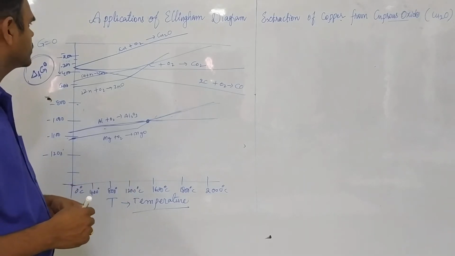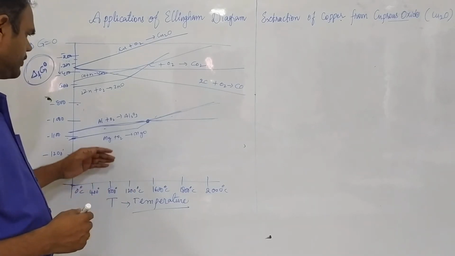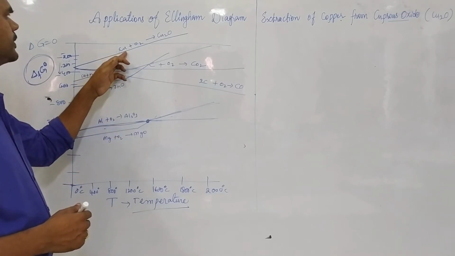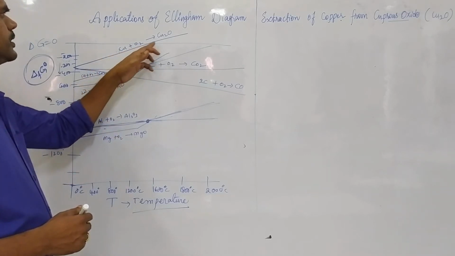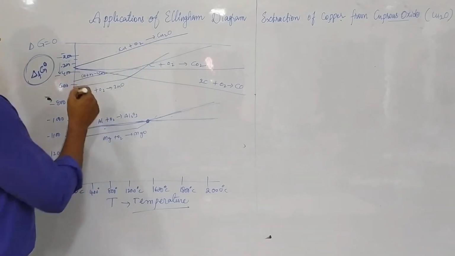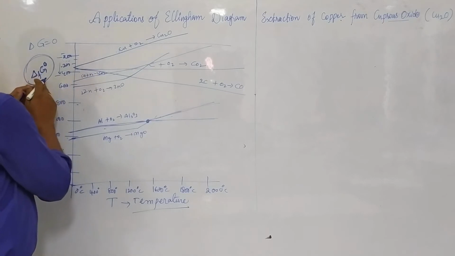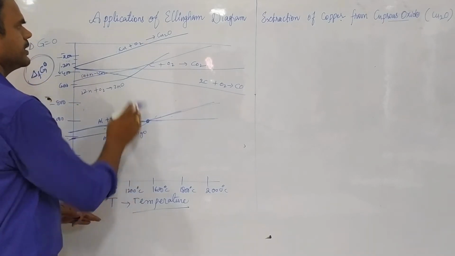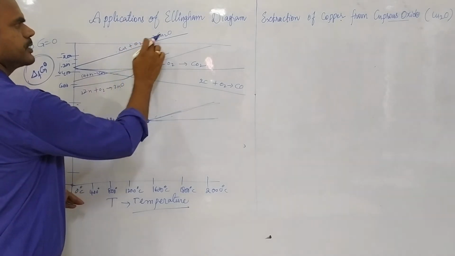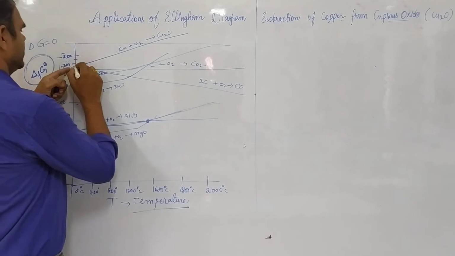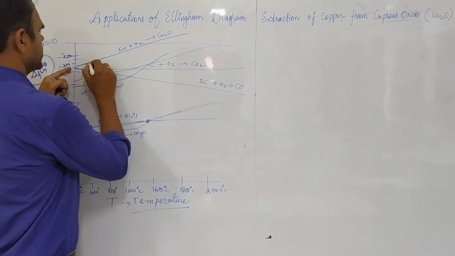If you look at the metal oxide formation for copper plus oxygen forming cuprous oxide, in the graphical representation of delta G versus temperature, at a given temperature the copper will combine with oxygen to form cuprous oxide. So the graph goes in a straight line.